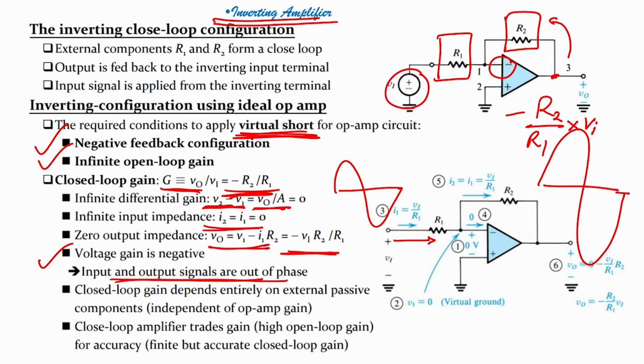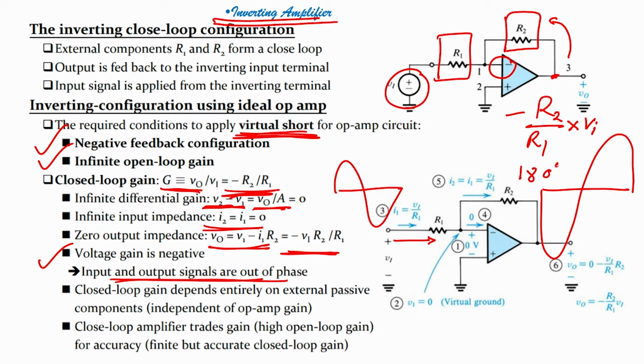This is an in phase signal, but in the case of an inverting amplifier, you will see that the output is amplified but generally 180 degrees out of phase. If this is 0 degree, it is 180 degrees out of phase. So, that is what is written here, that input and output signals are out of phase.